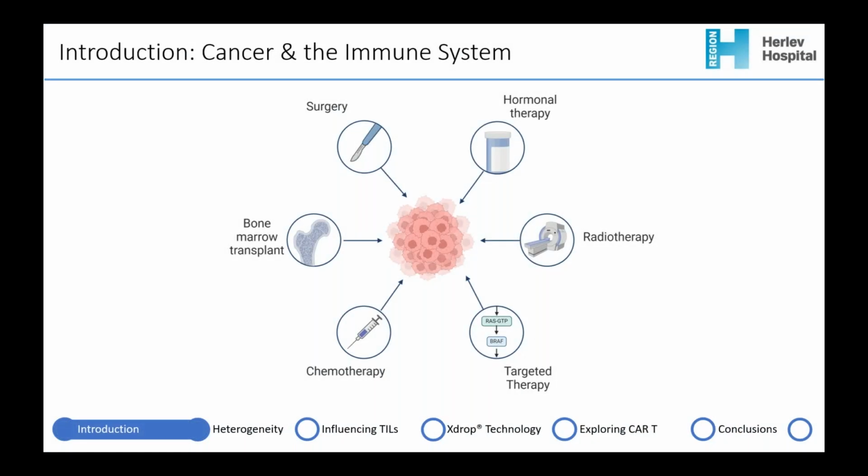Yes. So I'd like to begin by posing the question: why would we use the immune system to treat cancer? We already have multiple clinical interventions for cancer treatment. Some, such as chemotherapies, are very broad and a bit non-specific in how they target tumors. There are also very narrowly specific drugs like hormonal and targeted therapies, and these interfere with very specific pathogenic pathways that some tumor cells can rely on.